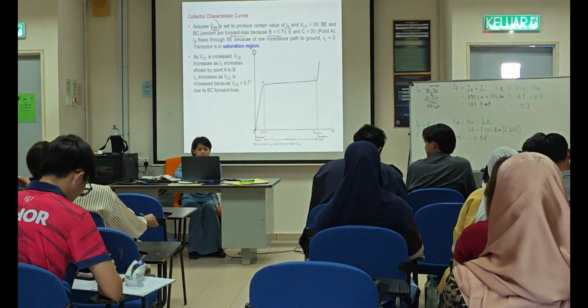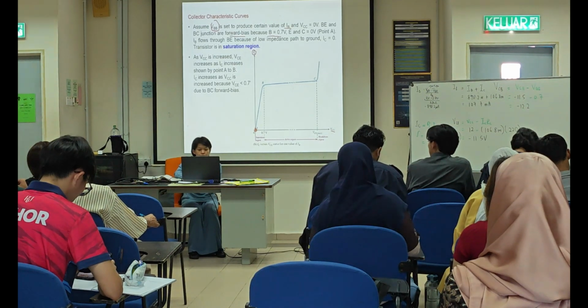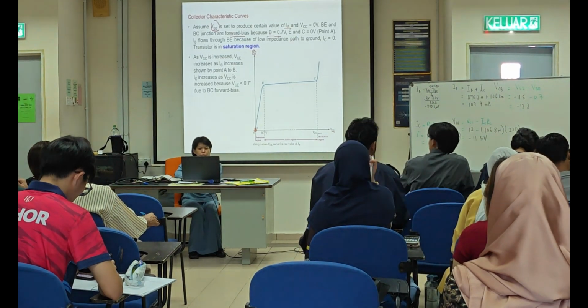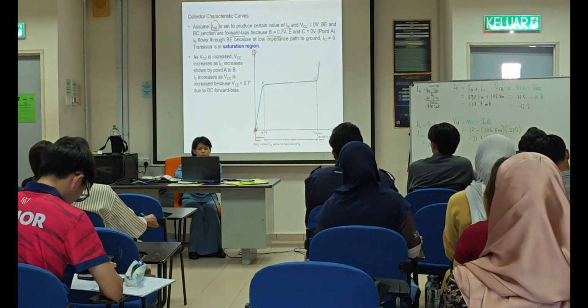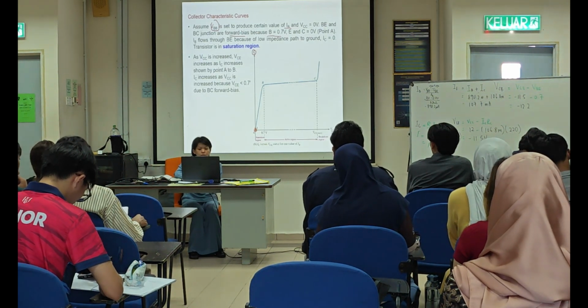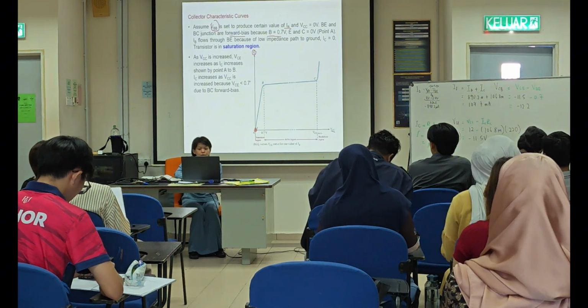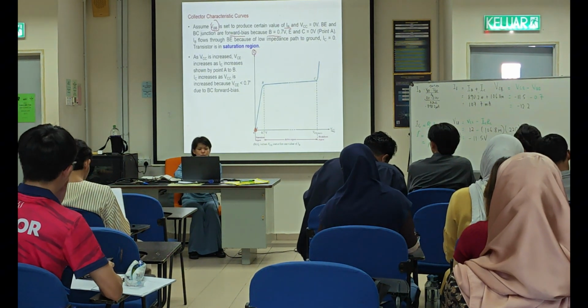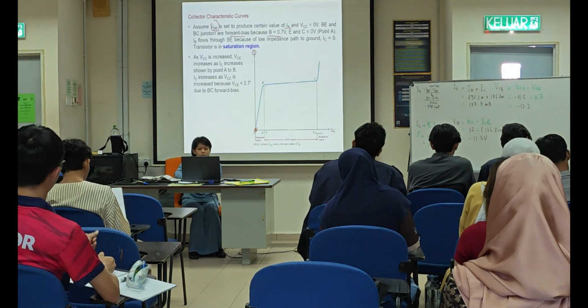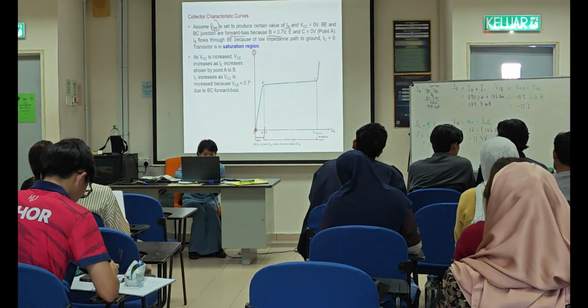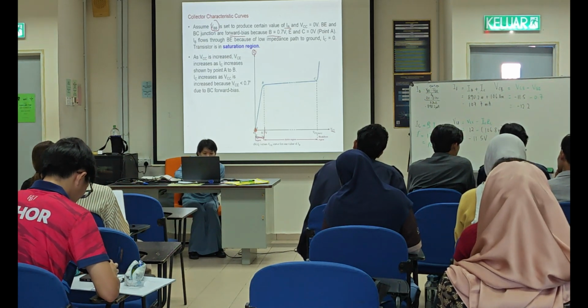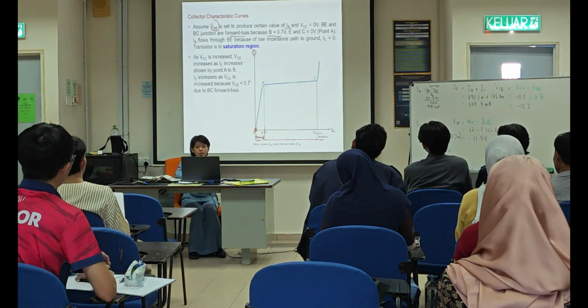Point A, can you see this on point A? At 0. So when the current IB flows through the BE, it causes low impedance, so it passes to ground, your IC is 0, and the transistor is in the saturation region. This region we call the saturation region.